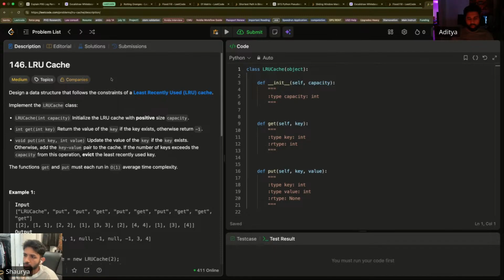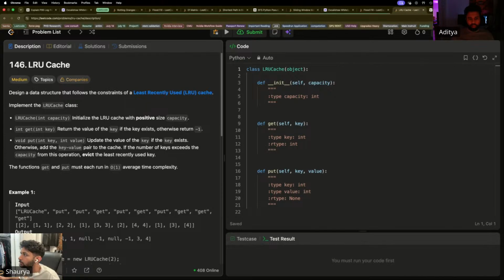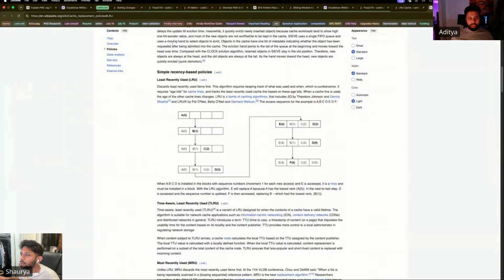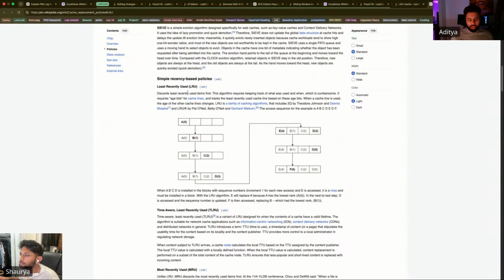Okay, design a data structure that follows the constraints of a least recently used cache. Discard least recently used item first. This algorithm requires keeping track of what was used when, which is cumbersome. It requires age bits for cache lines and tracks the least recently used cache lines based on these age bits.